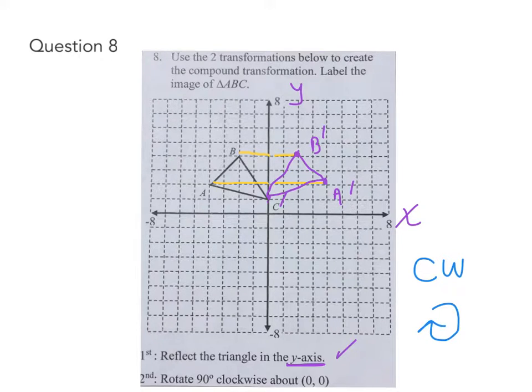So if this is quadrant 1, and I rotate something clockwise, if it's in quadrant 1, it should end up in quadrant 4. You'll know you've made a mistake if it ends up in either quadrant 2 or quadrant 3.